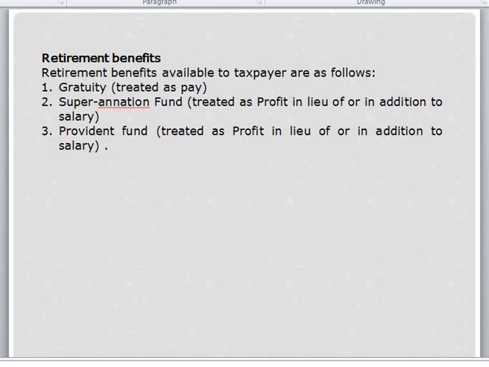The second one is any amount receivable from any gratuity fund approved by the Commissioner in accordance with the rules. And the C point is in the case of any other employee, the amount exceeding rupees 3 lakh receivable under any scheme applicable to all employees of the employer and approved by the Board.